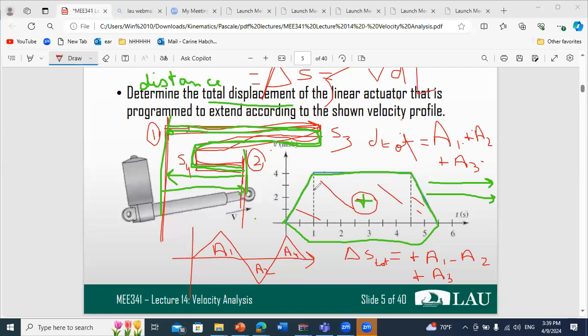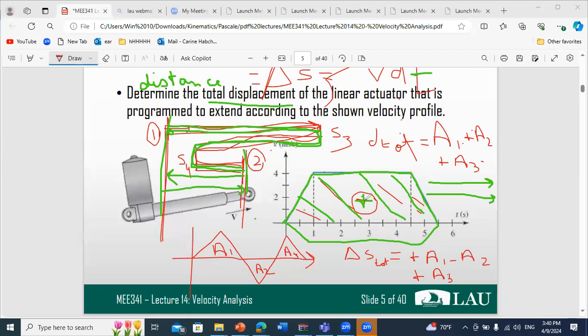So here in this example, to get the total displacement, we know that delta S is the integral of v dt. So graphically, it represents the area under the graph. So all I have to do is to consider this trapezoidal area. Or I can divide it into triangle 1 plus rectangle plus triangle 2.